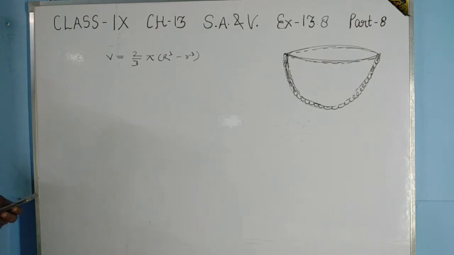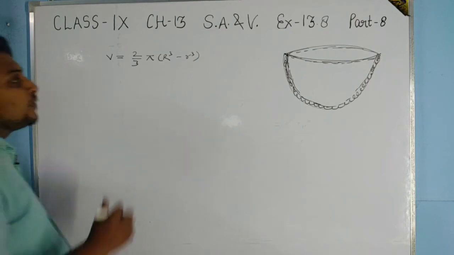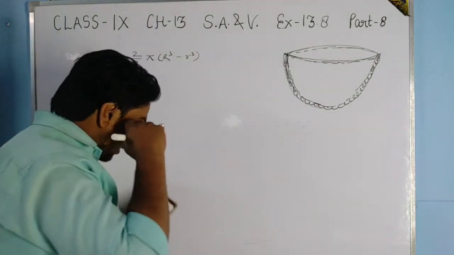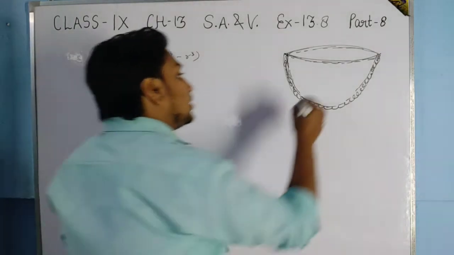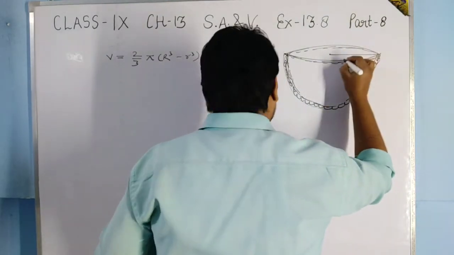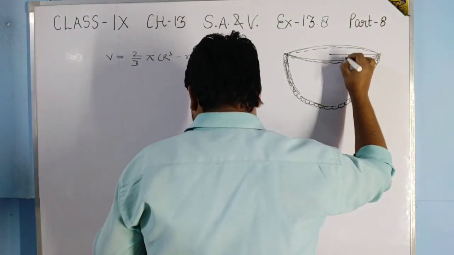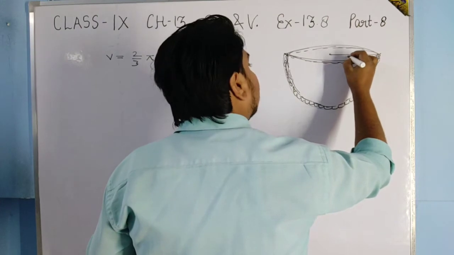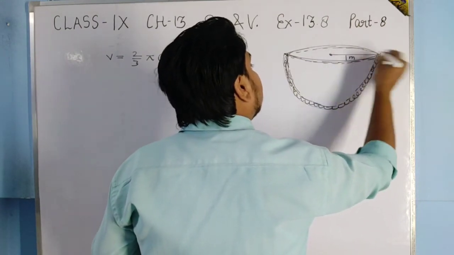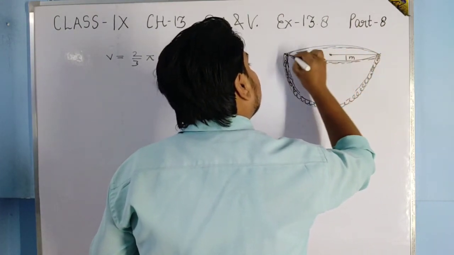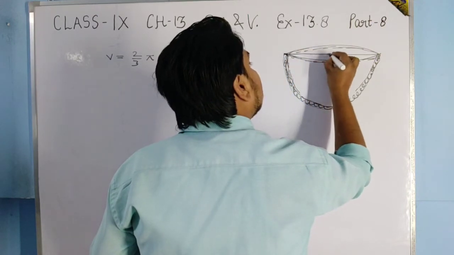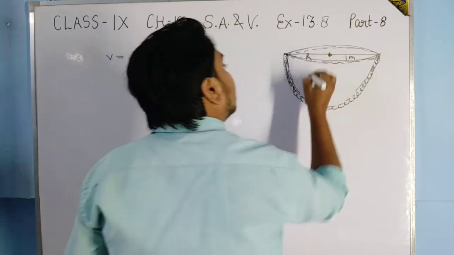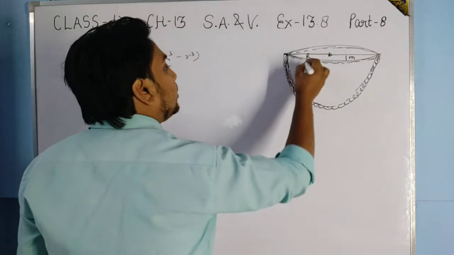But you have to think, students, that it is said its inner radius is given as 1 meter, and the thickness is given as 1 centimeter. So what will be the capital R?